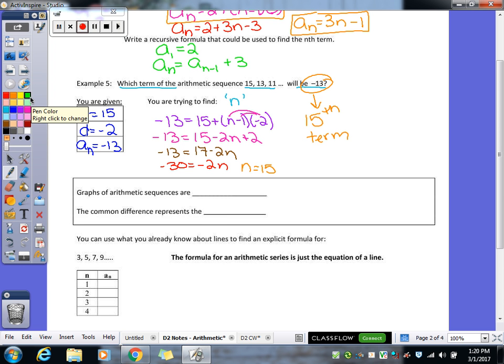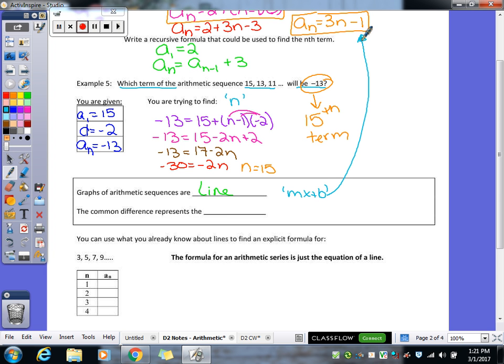So as I was mentioning before, if you were to take an arithmetic sequence and actually graph it, your graph would look like a line. So you could write the equation in mx plus b form.